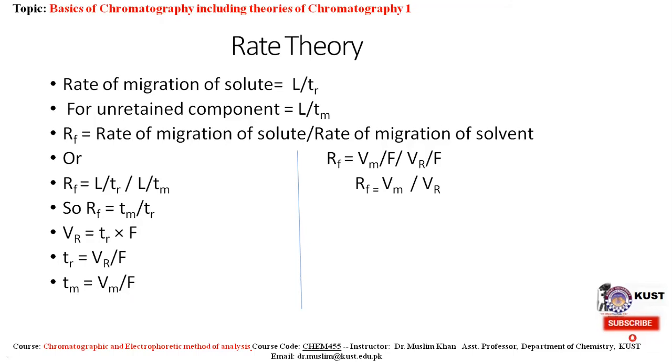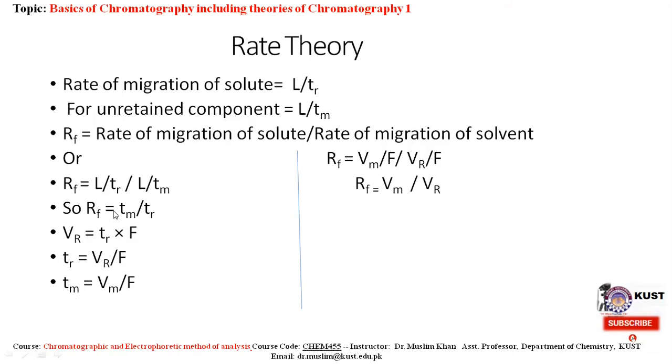Putting the value of equation number 5 and 6, this is equation number 5 and this is equation number 6. So here Tm is this and Tr is this.